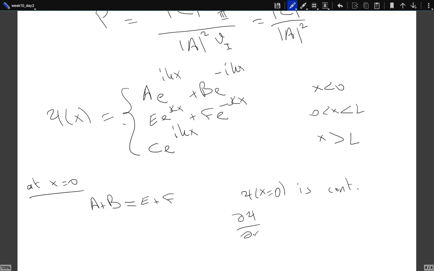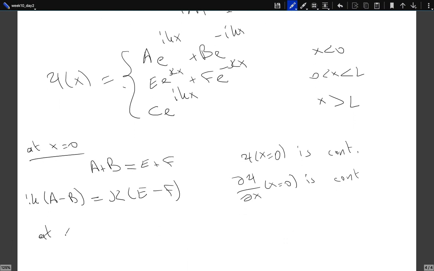And similarly, the derivative of psi with respect to x should be continuous. And this tells me that ik times (A minus B) should be equal to kappa times (E minus F). I just took the derivative of this one and the derivative of this one. The relative minus signs over here are due to the minus signs in the exponents.